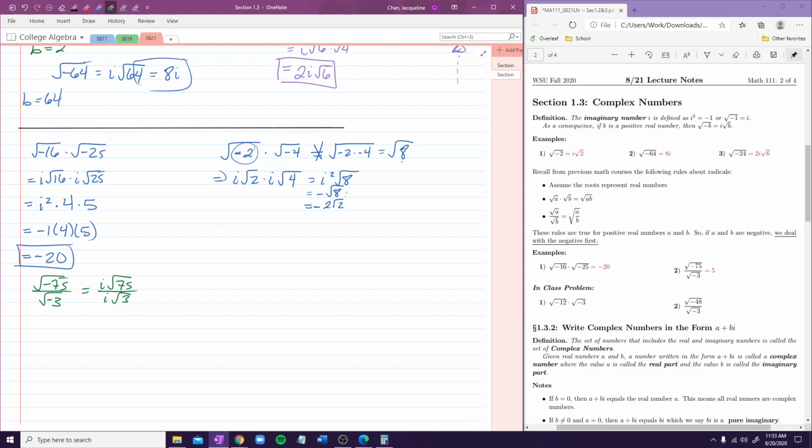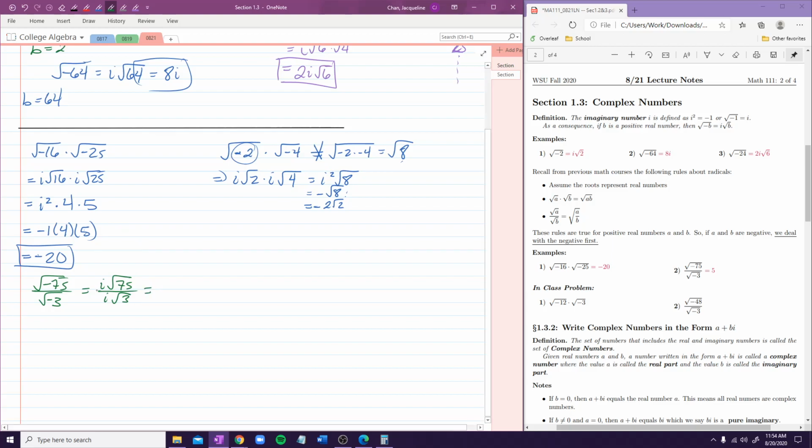Right, but sometimes it is easier to do the operation before you simplify. Right? So I would just kind of look ahead and see if it will make your situation better. In this case, if I reduce the 75, it's going to be a lot more work, as opposed to if I just put them all under one radical. And because 75 divided by 3, that's 25, which automatically gives me a perfect square.